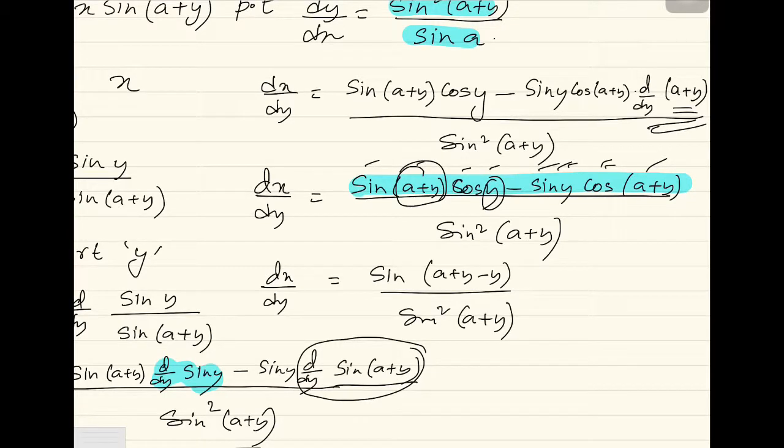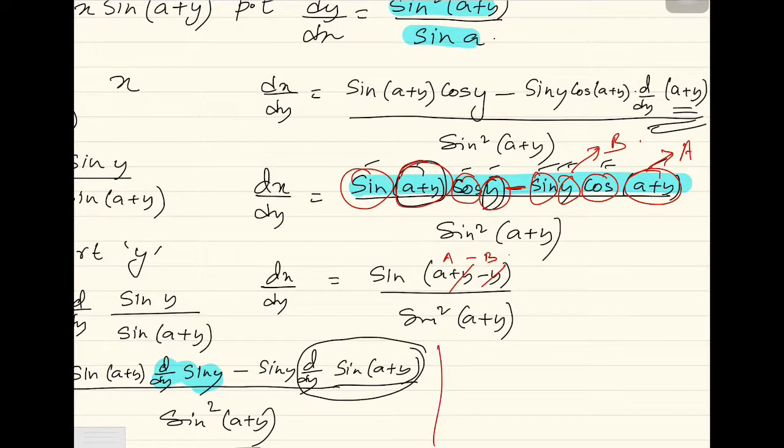Let me explain again how it works. Sin A cos B minus cos A sin B. So this is like A and this is like B, isn't it? So that becomes sin(A minus B). Correct now? So this gets cancelled.